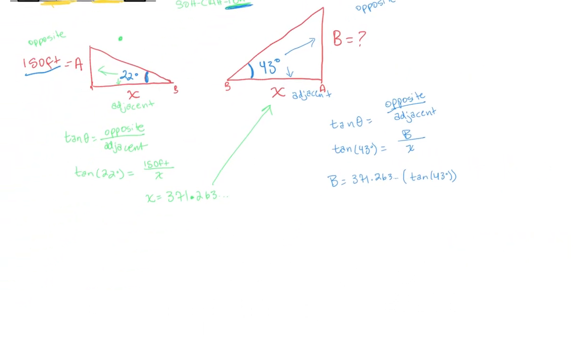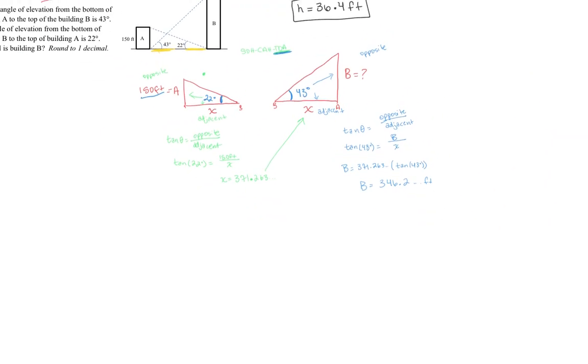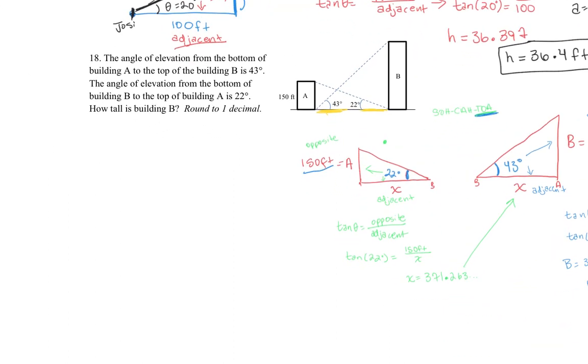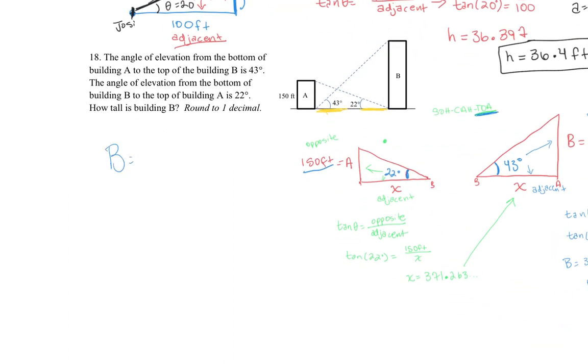So B comes out to being 346.2... feet, and we want to round it to 1 decimal place. So 346.2 feet. Just like that.